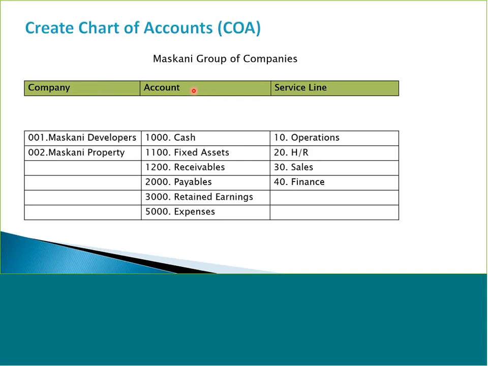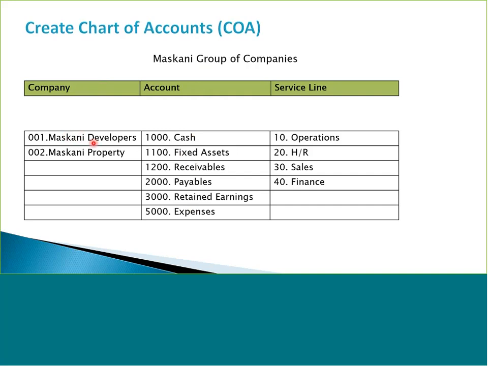So now, let's talk about the technical terms a bit. This whole thing here, we can refer to it as the chart of accounts, because it contains all the natural accounts here, the cash, the fixed assets, the receivables. It has the balancing segments here, which is usually the company.